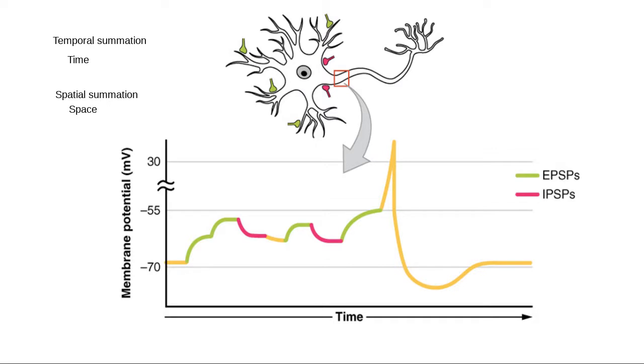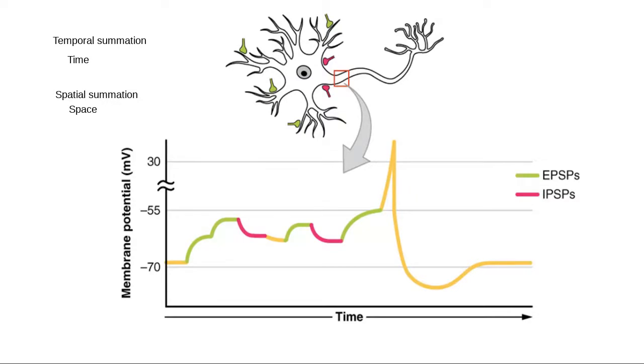But the big thing when we were talking about summation that I told you to be familiar with is whether I'm listening to one neuron or multiple neurons. When we talk about temporal summation, am I listening to one neuron or multiple neurons? Exactly.